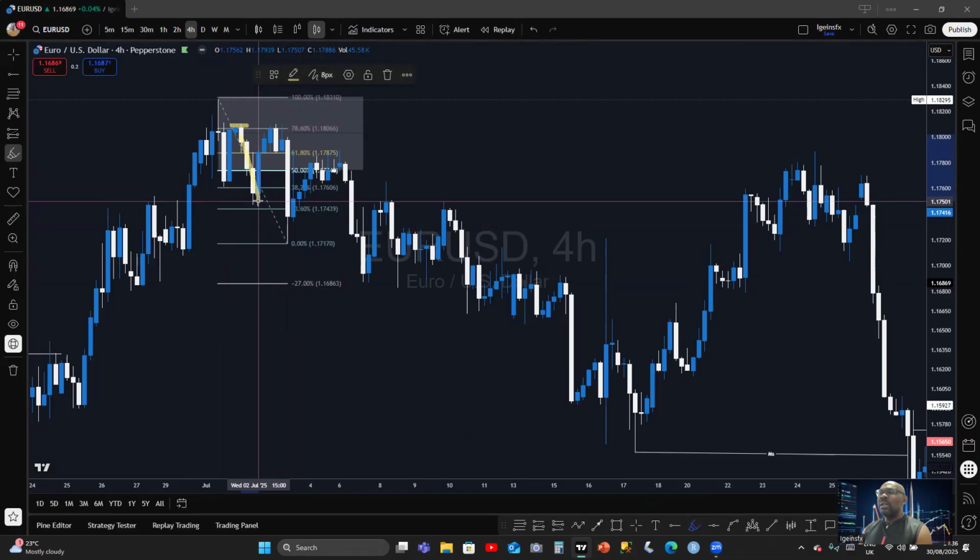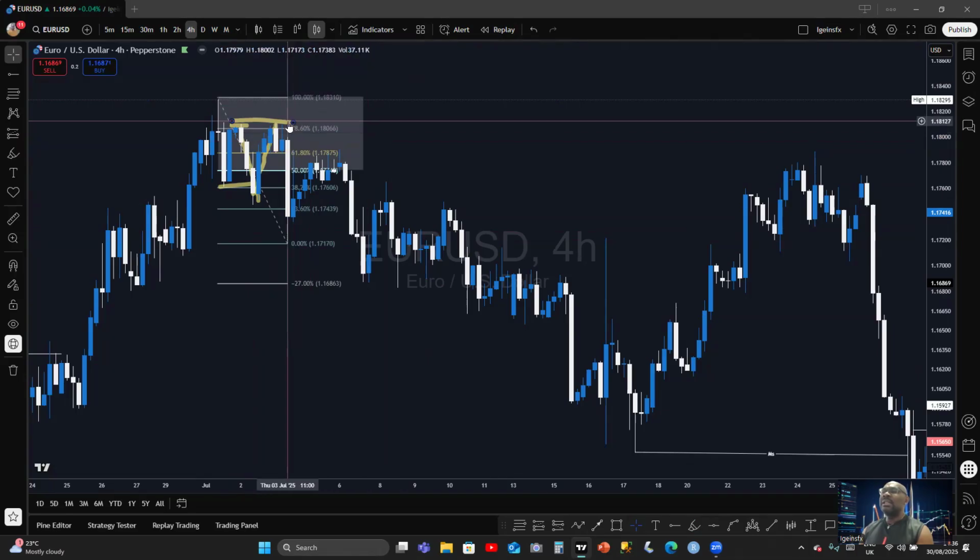It went a little, breaking this structure, giving us market shift. By now, you know what market shift is all about, or change of character. Then price now pulled back, creating equal highs. After that, look at this formation here, then it now dropped. So it's as simple as that. Those are the signs for you to know that the market is preparing to sell.